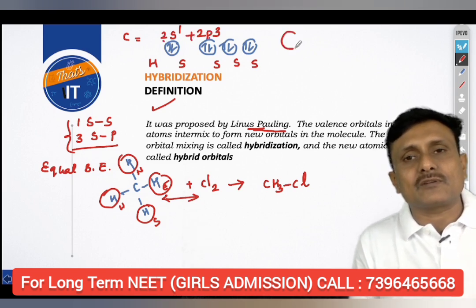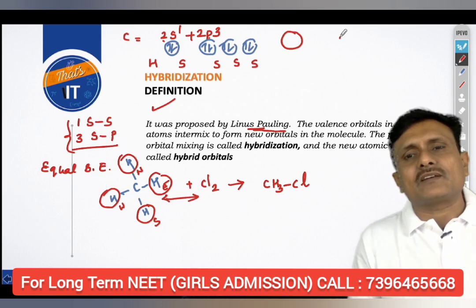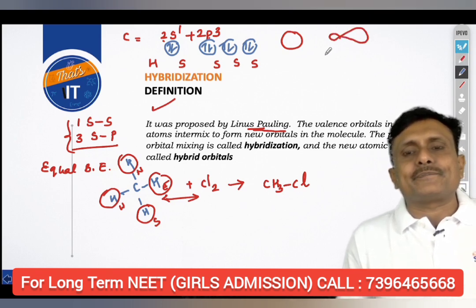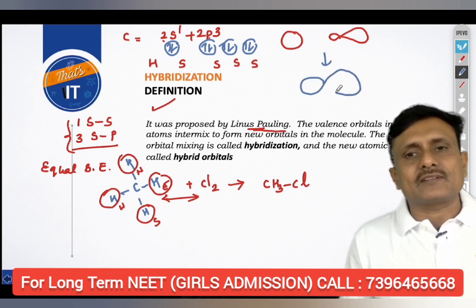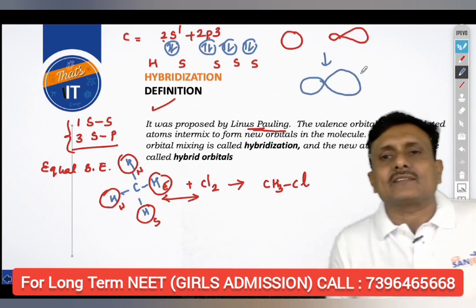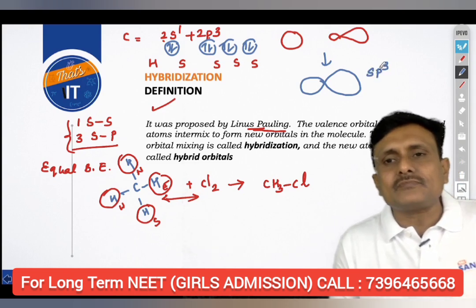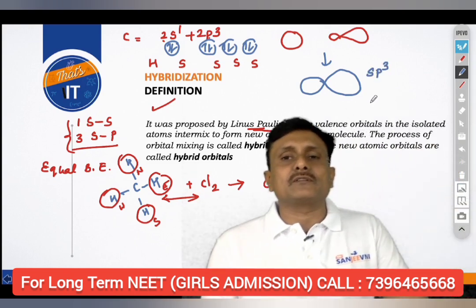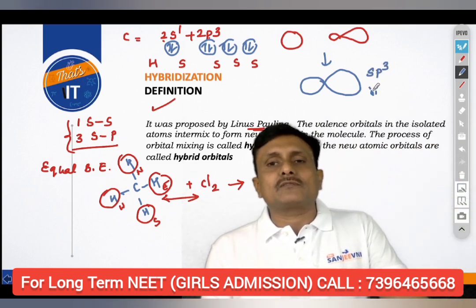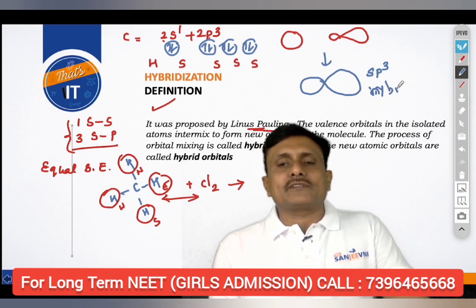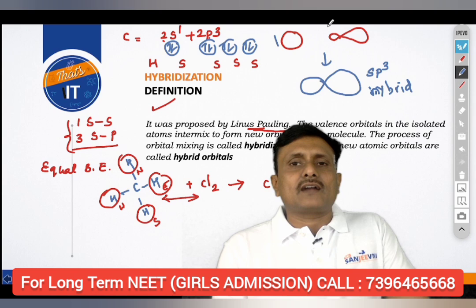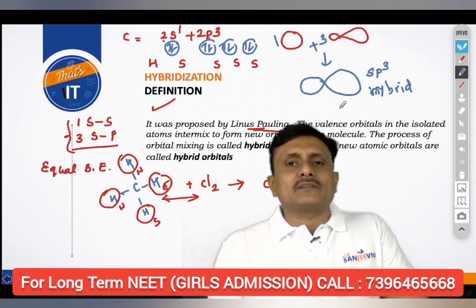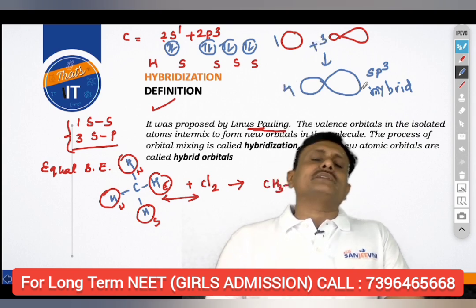The s orbital is mixing with the p orbitals to result in new orbitals, with a shape like this, known as sp3 hybrid orbitals. So this is what the concept is called: hybridization. You can see 1s and 3p will mix up to give you 4 sp3 orbitals.